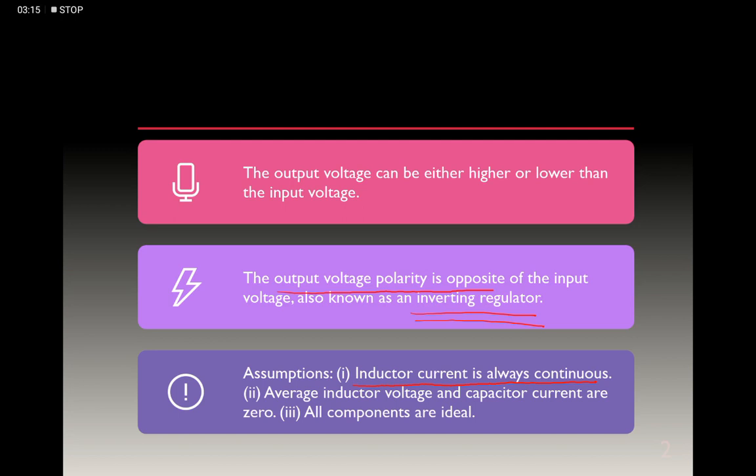The second assumption is that the average inductor voltage, VL, will be equal to 0, and the average capacitor current will be equal to 0. The third assumption is all components are ideal, which means that there are no losses, so your input power will be equal to your output power.